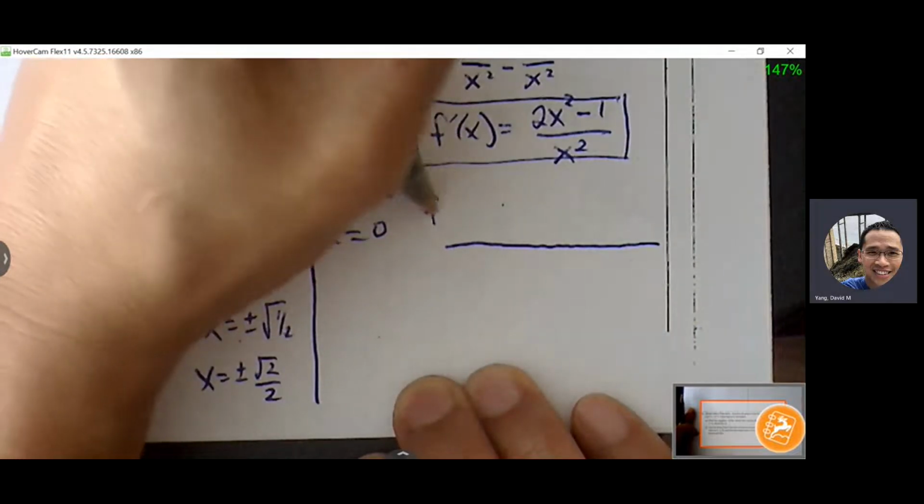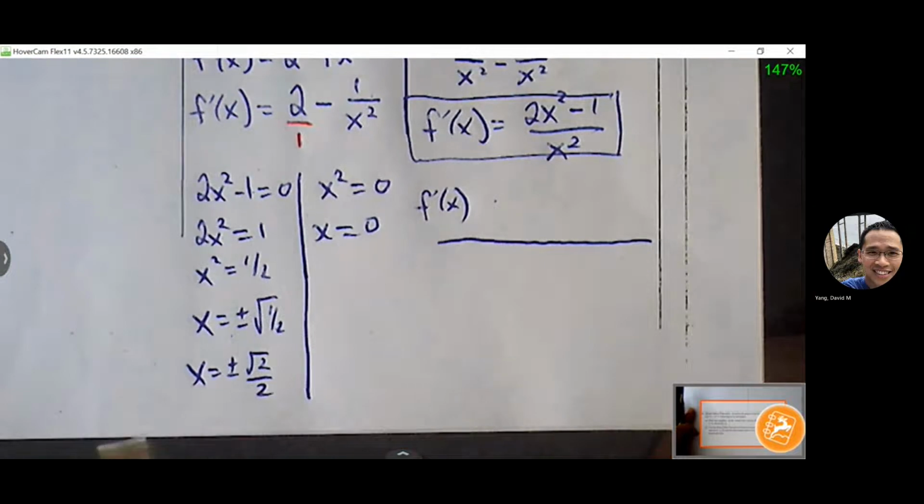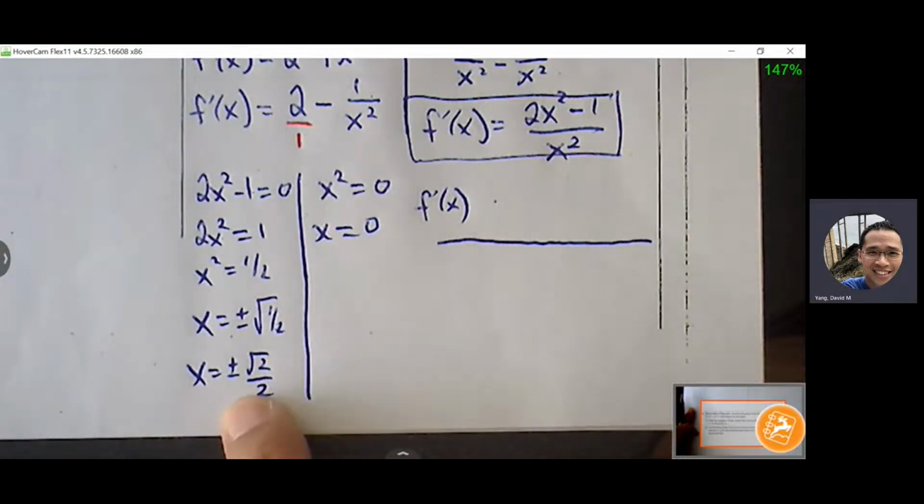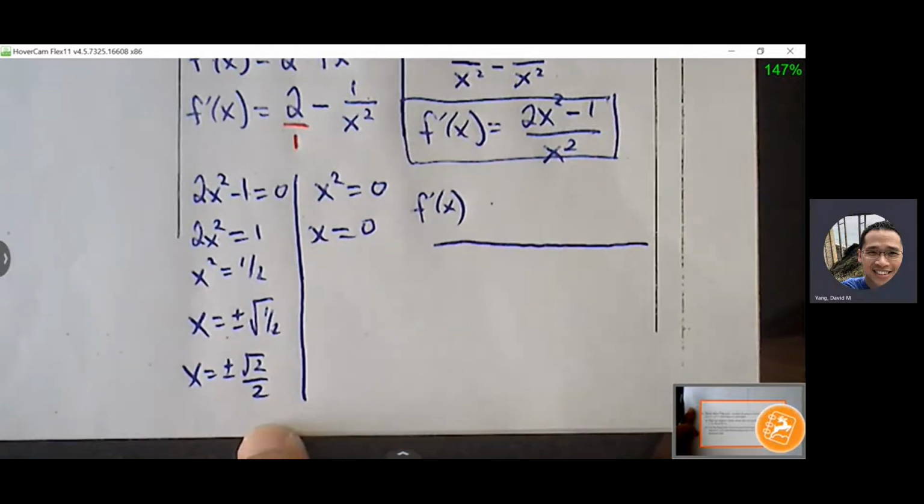Okay, slope sign line. I'm going to place 3 points onto my slope sign line: negative root 2 over 2, 0, and root 2 over 2.